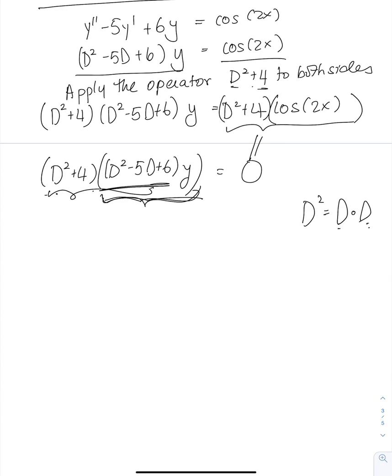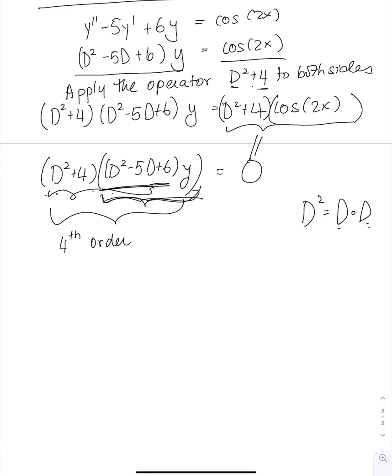Okay, but in any case, when you look at this now, if you actually open it up, you will have what degree differential equation? This will give you second derivative of y, and then you're differentiating it twice again, you'll have a fourth derivative of y.